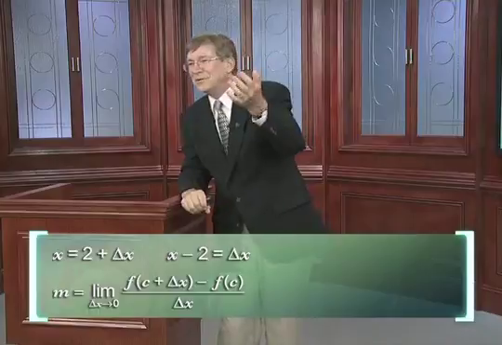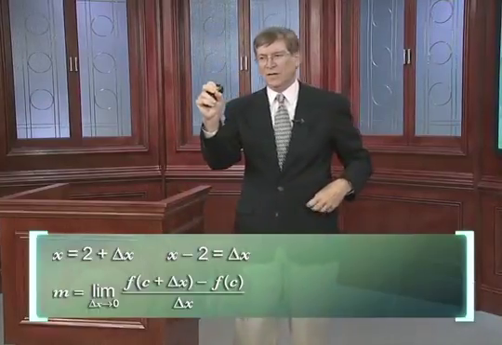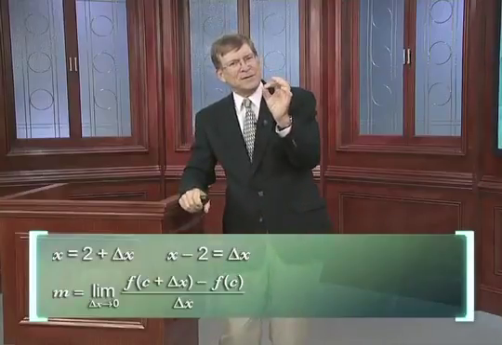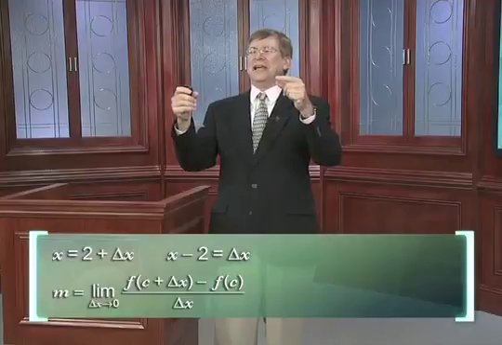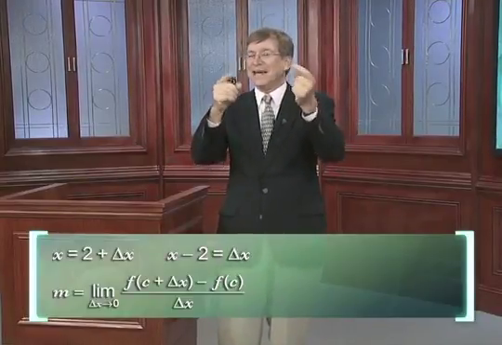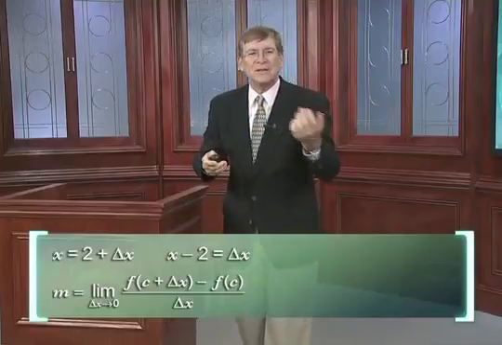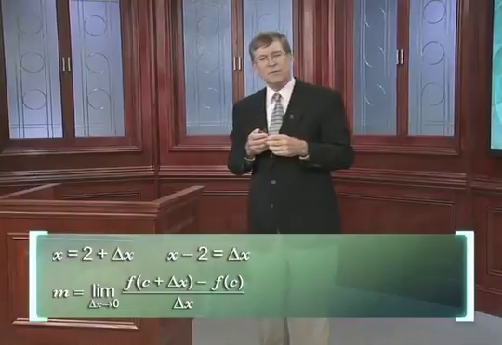That's 2 plus delta x in our example. And you take this limit as delta x approaches 0. That's equivalent to saying that x approaches 2, because x minus 2 equals delta x. So that's the alternate definition of the slope of a curve.